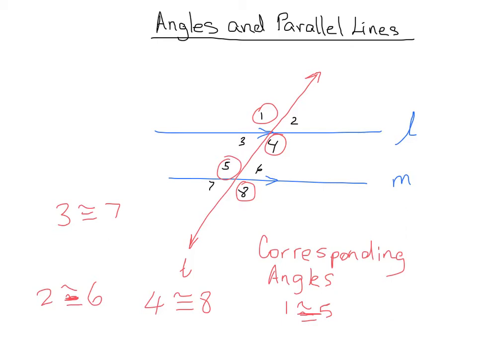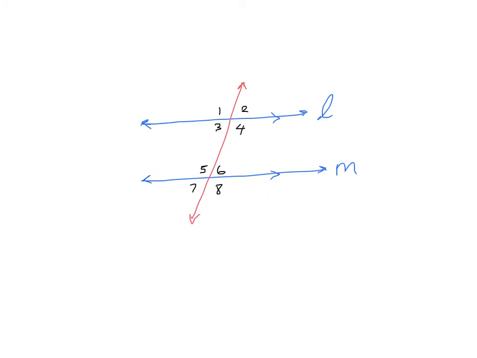Alright, so let's look at some other angle pairs that we can form. Okay, so we also looked at the term alternate interior angles. Let's remind ourselves of what that term means. So if they're alternate interior angles, they have to be interior angles. So we already know that 3, 4, 5, and 6 are our interior angles. They have to be on opposite sides of the transversal, but they cannot be adjacent.